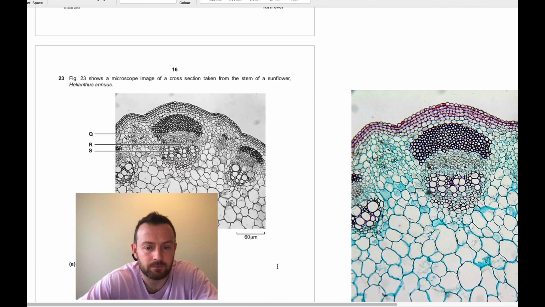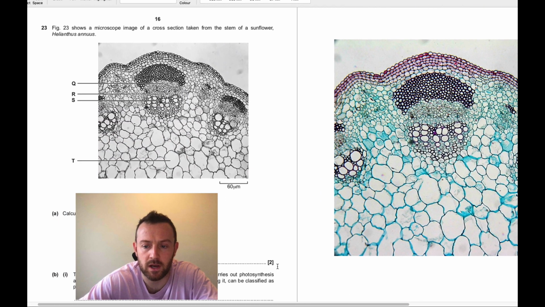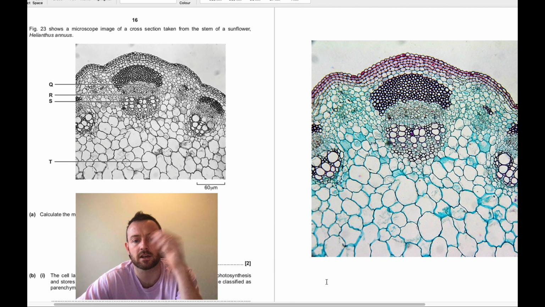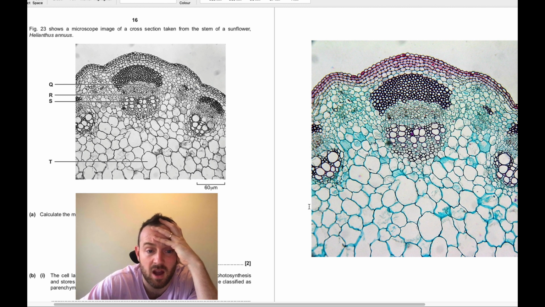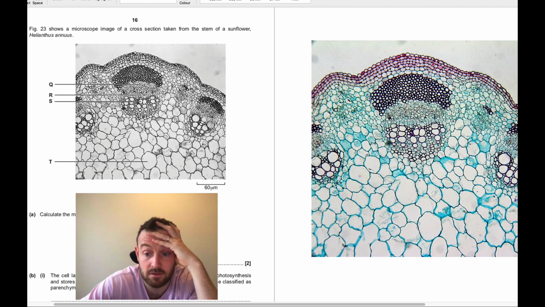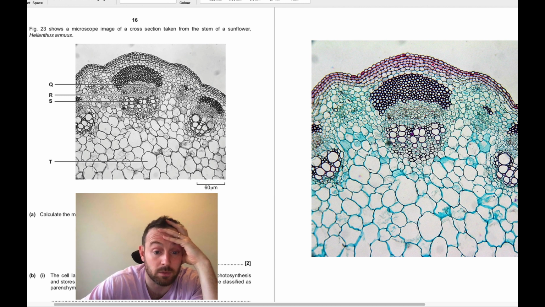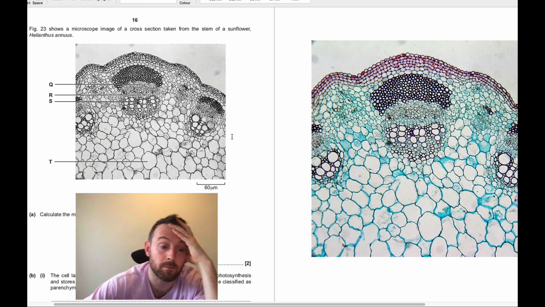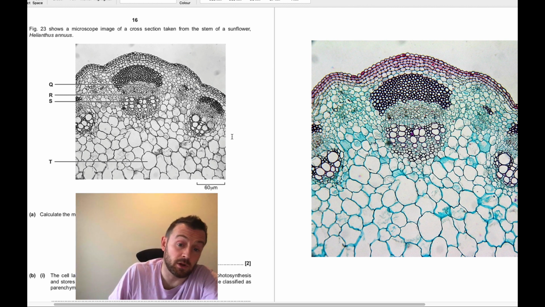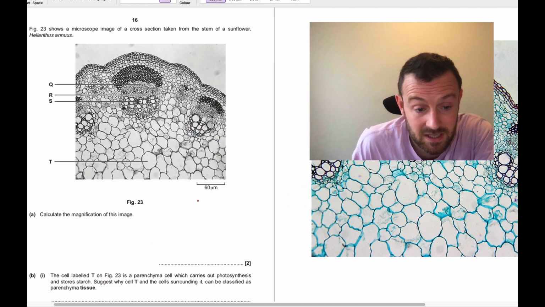All right, moving on. For this one, I actually found the original picture online because it's in color and a bit higher resolution, so I thought I'd show you that. This is the original picture, taken from the internet, and this is where they've dropped it into the exam paper. The first part is to calculate the magnification of this image.